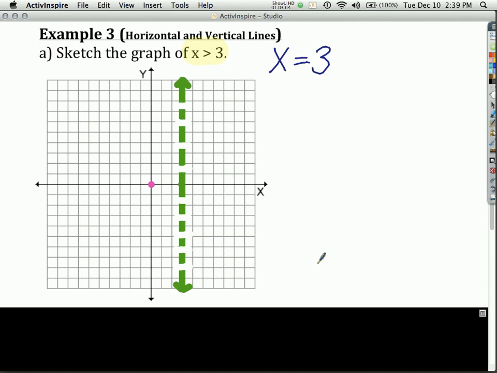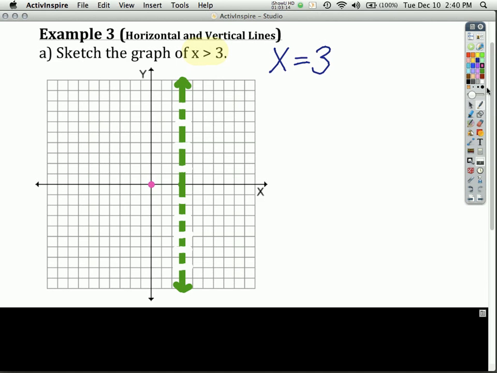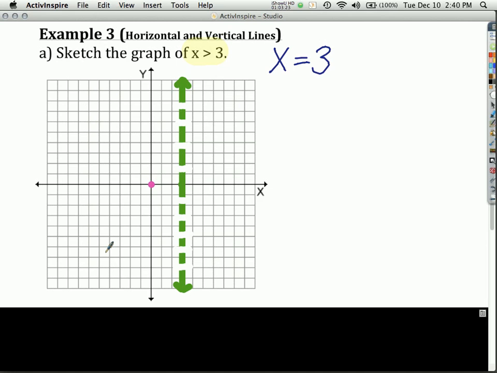Thank you for pointing that out. So I apologize for that mistake, but it happens. But now I need to decide which way am I going to shade. Am I going to shade this side or am I going to shade this side? So I need to test out 0, 0.